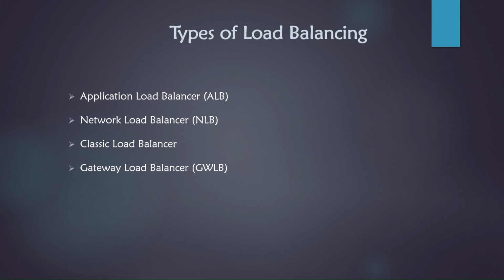It operates at the TCP/IP level and distributes traffic based on the source IP addresses, port numbers, and protocol. All of these load balancers offer high availability, auto scaling, and robust security support. You only pay for what you use.